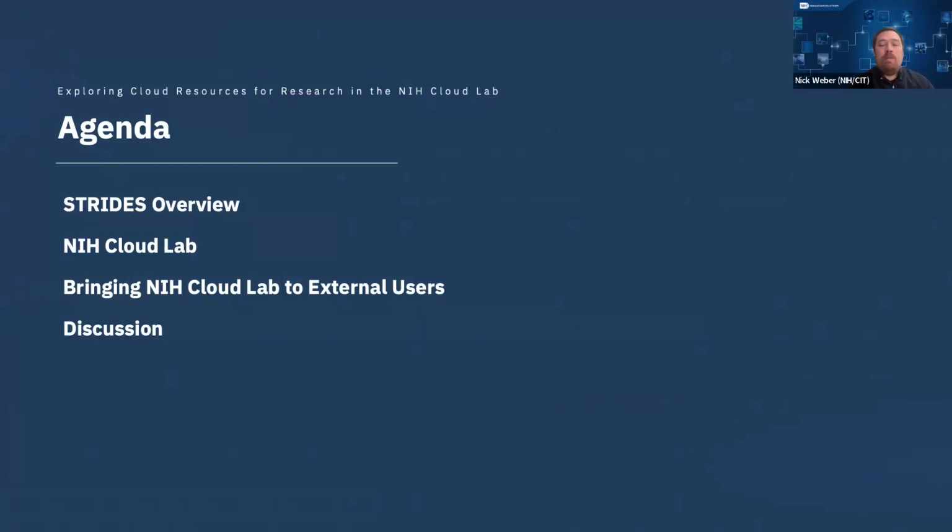Specifically, we're going to get into some details about the NIH Cloud Lab, which is accessible to both NIH funded and NIH affiliated, and that's an important term that I'll describe here, researchers and those seeking NIH funding to be able to work in cloud environments, learn bioinformatics, data science, other biomedical data processing and data management approaches and strategies, and then specifically talk about how we've worked with federations like InCommon and EduGain to enable broader use of these sorts of resources that we host at NIH.